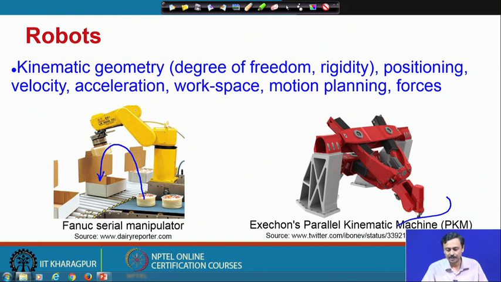So, that is the topic of motion planning: how you should control individual actuators to generate a certain path of the end effector or end point or the tool. And finally, of course, the forces: how much force is required at each individual actuator to produce a force at the end effector, at the end point.